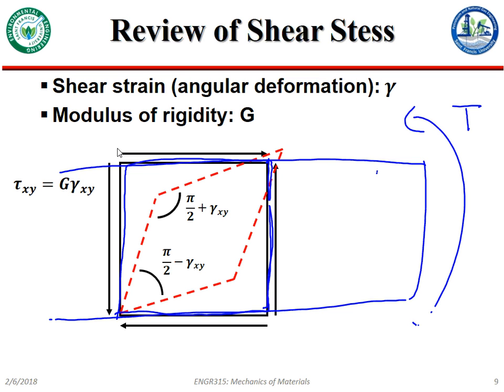Okay, so diameter and length are the same. So if this is the length direction, the longitudinal direction, is the distance between these two sides going to change? Say again? No, it's not.